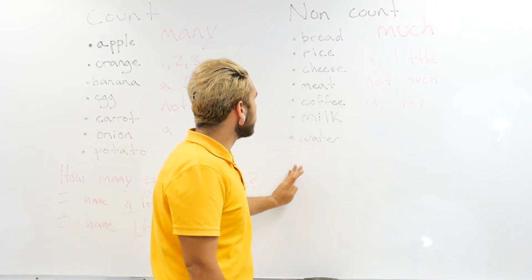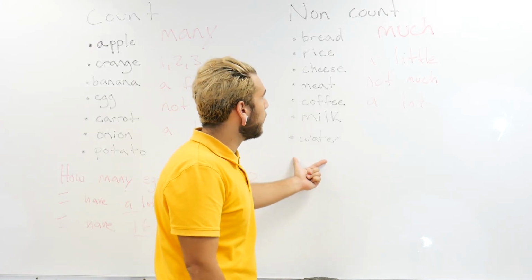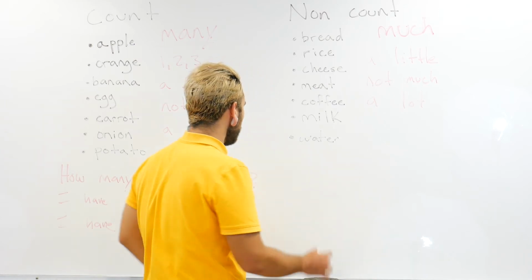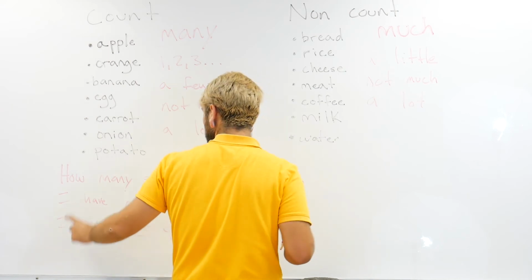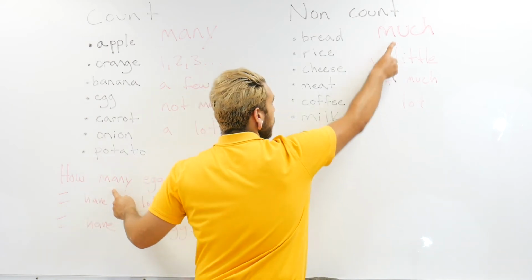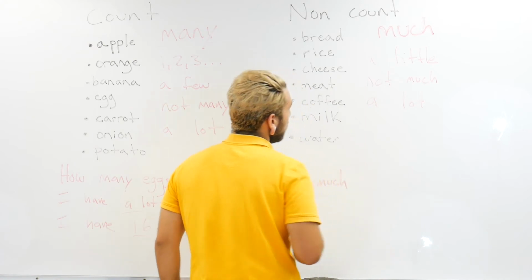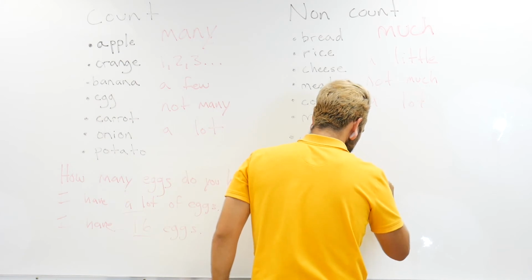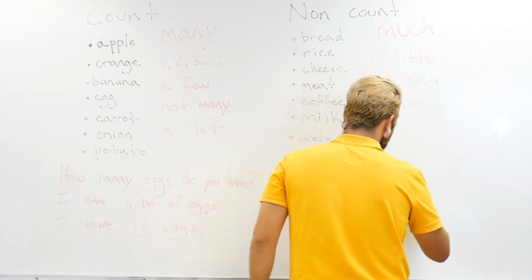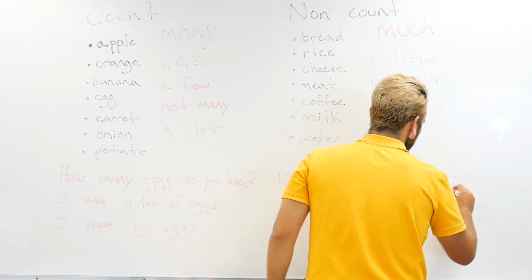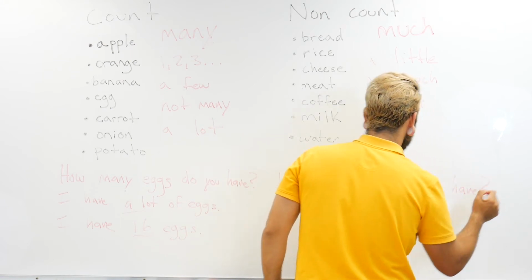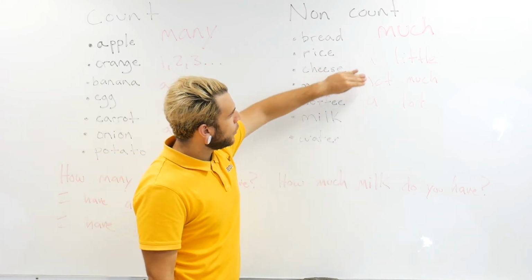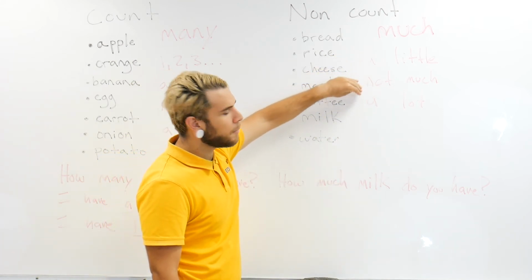So let's make a question to ask about the quantity or the amount of these things. We have the question how, just like this one over here, but instead of many, we put much. How much milk do you have? So the way to answer this is to use things like this: a little, not much, a lot.